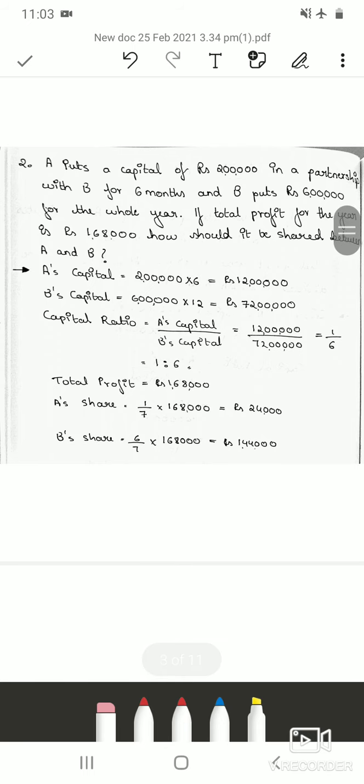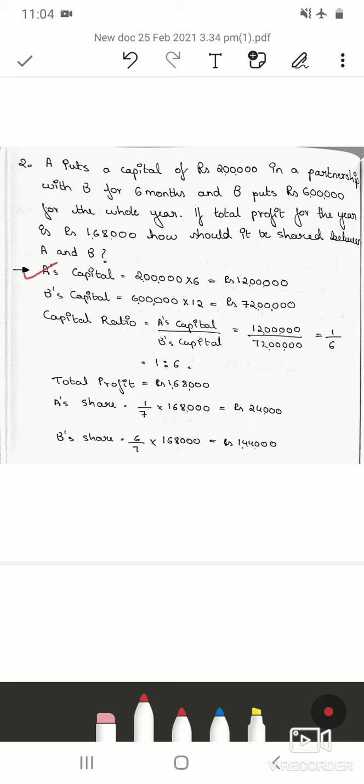A puts a capital of rupees 2 lakhs in a partnership with B for 6 months and B puts rupees 6 lakh for the whole year. If the total profit for the year is rupees 1,68,000, how should it be shared between A and B?